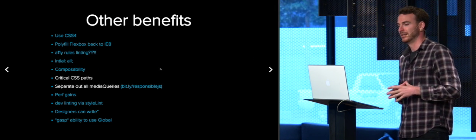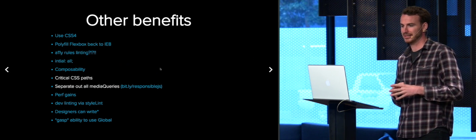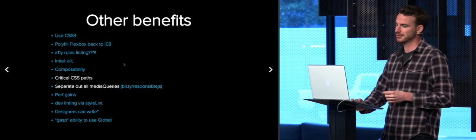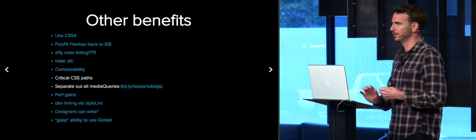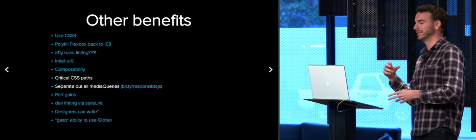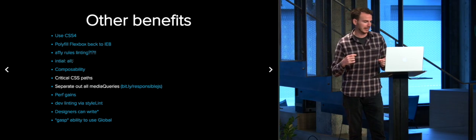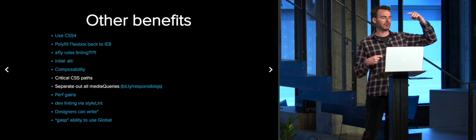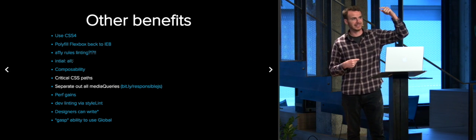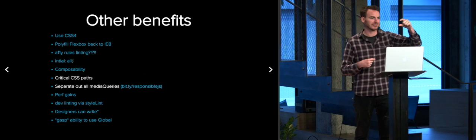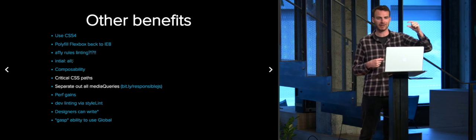A key plugin, and one of the main reasons you'd want to do this, is there's a plugin that will allow you to use initial: all, which is a future CSS spec that says, okay, I want you to reset all inherited styles to this component or to this button or whatever.